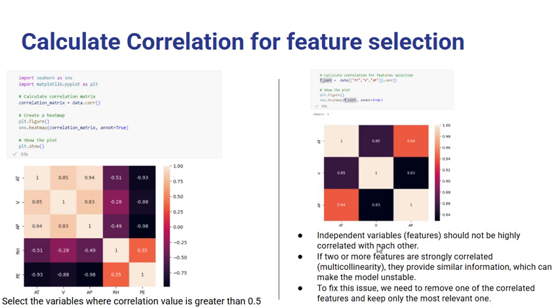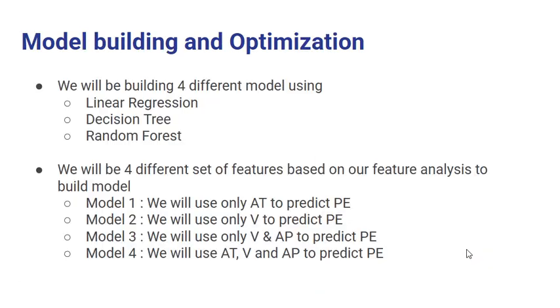And based on that, we will be further selecting the features, and we'll be making different combinations in order to train the model. As part of this, I have selected three models: linear regression, decision tree, and random forest. And as I talked about in my previous slide, these are the four combinations that I have used in order to build and train the model. Model 1, where I am only considering one variable. In the second model, another variable, that is V. Third is a combination of V and AP.